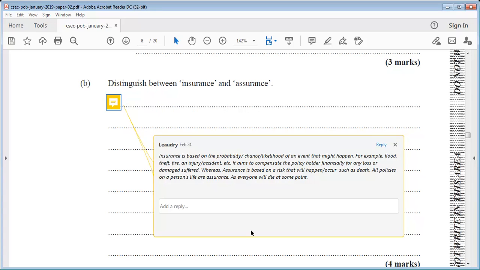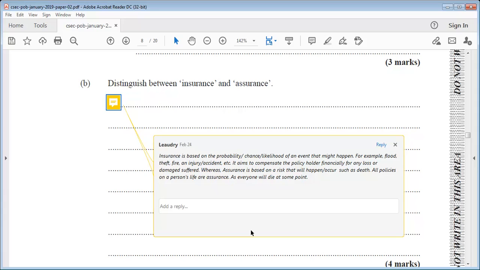So what is insurance? Well, insurance is based on the probability or chance or the likelihood of an event that might happen. For example, a flood, theft, fire, an injury or an accident, and so on. It aims to compensate the policyholder financially for any loss or damage suffered. Whereas assurance is based on a risk that will happen or occur, such as death.